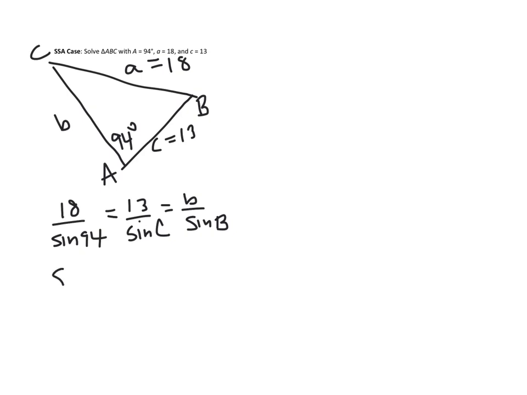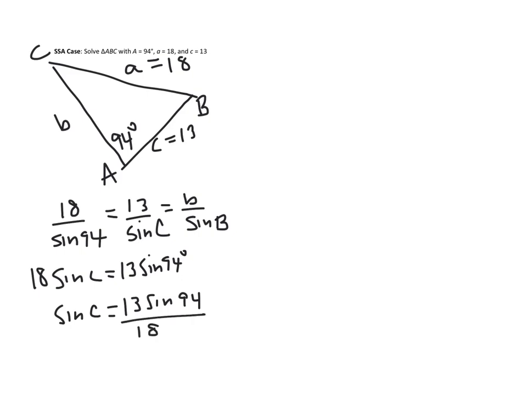So I cross multiply, so I get 18 sine C equals 13 sine of 94 degrees. So sine C equals 13 sine 94 divided by 18, and when I put this in the calculator, I get 0.7205 to 4 decimal places.